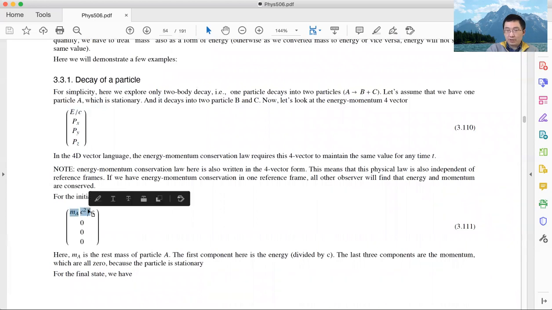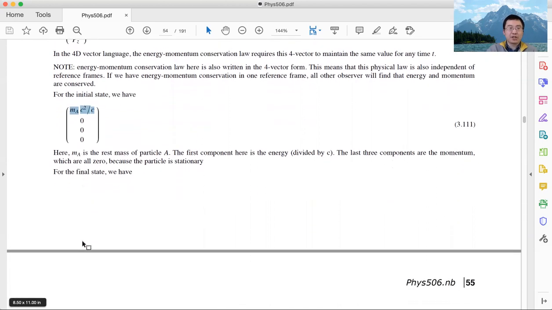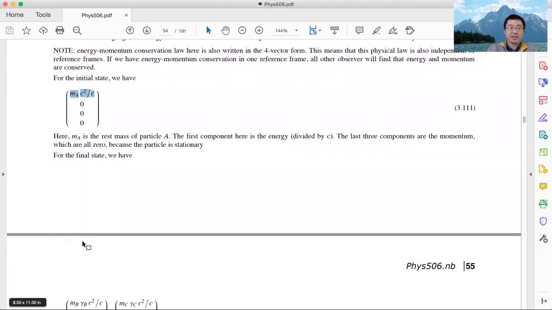Energy is mc squared, and this m is ma, which stands for the rest mass of particle A, because in this reference frame I'm moving with the particle, so particle A is not moving and the mass is just the rest mass. So the first component of this vector is ma times the speed of light, and the rest 3 components are just 0. That's the energy and momentum vector before the decay.